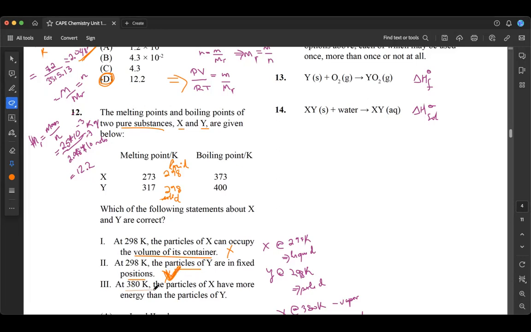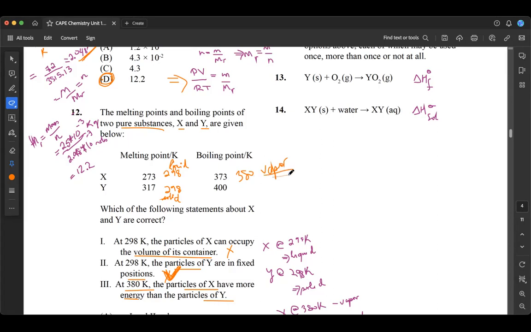And then at 380 now, is it true that the particles of X would have more energy than the particles of Y? So let's look at it. At 380, what do we have? We have vapor because we're above the boiling point and the melting point. X will be in a vapor phase because the temperature is above its boiling point.